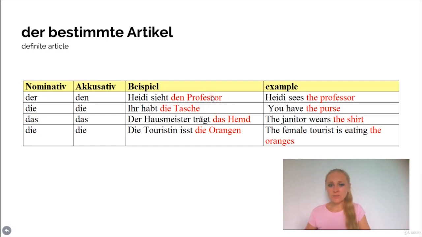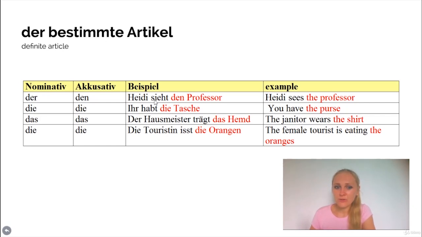So we have certain verbs that always work with the accusative. So sehen, to see, whatever you see or whoever you see, always needs to be put in the accusative case in any sentence. Okay, because sehen, you have to keep this in mind, is an accusative verb. Later on, I will show you more verbs that always work with the accusative.